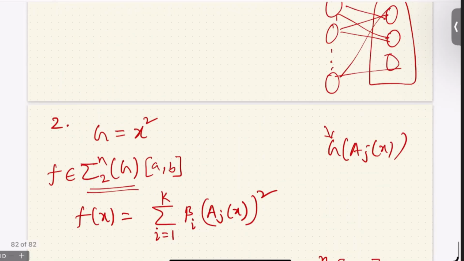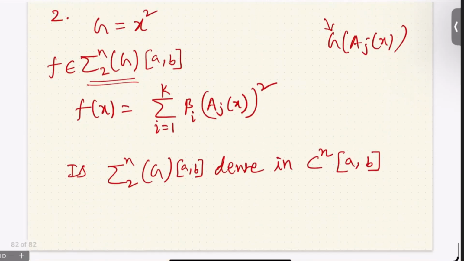Okay. These are two theoretical questions, and I will go to the third question, a practical one. I urge you to write up code and look at the denseness from a coding point of view.